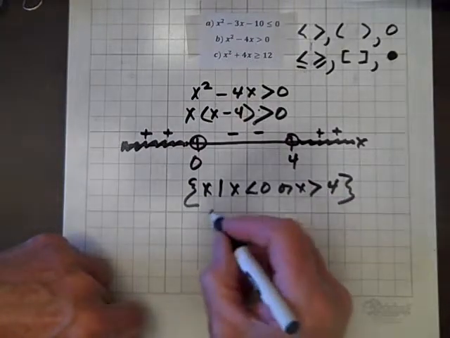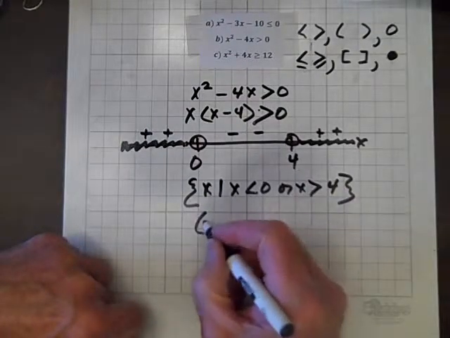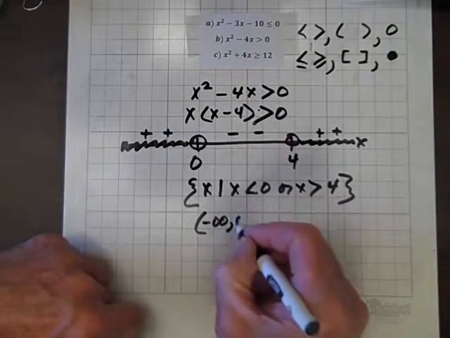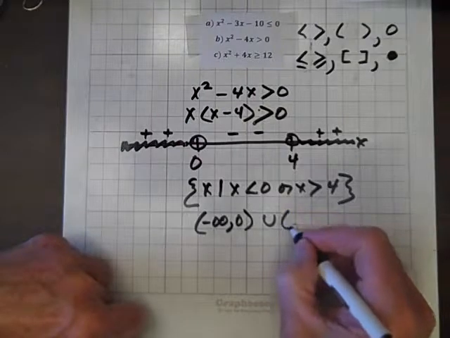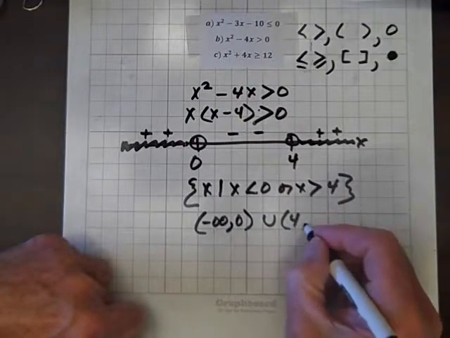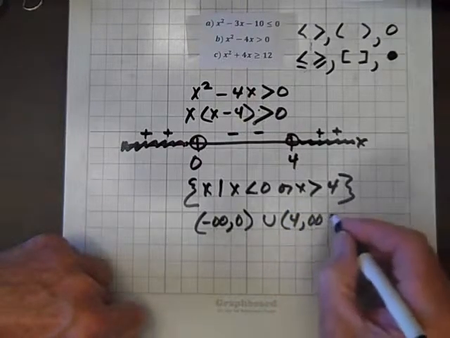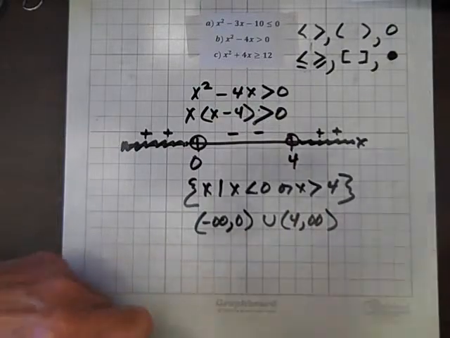In interval notation, we have negative infinity to 0, parenthesis, union with, parenthesis, 4 to infinity. And we're ready for the next one.